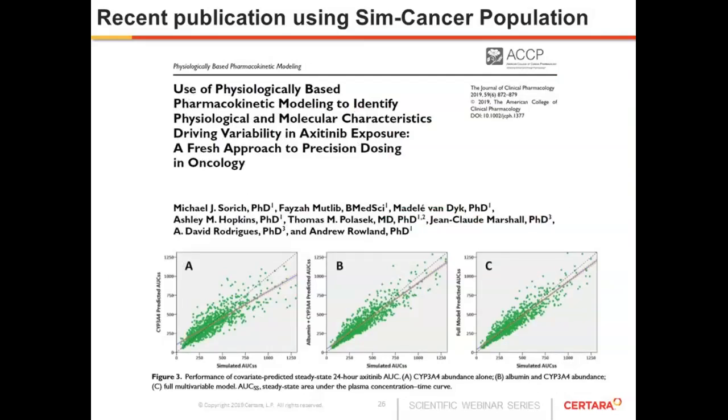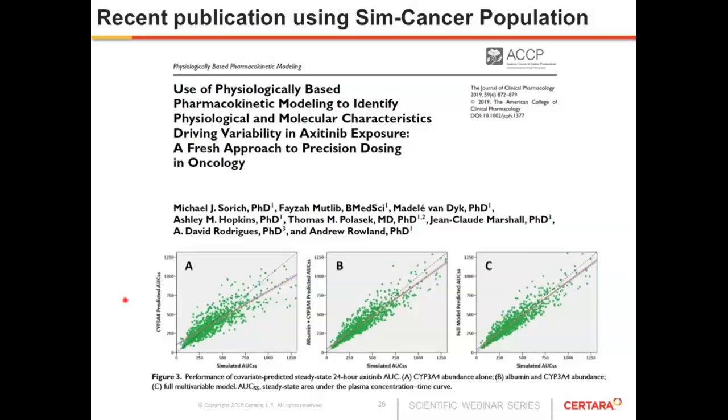Finally, I just wanted to bring in an example and a shout out to another colleague of ours at Certara, Tom Polasek, who's working in the field of precision dosing. Essentially what this paper looked at, some of the group at Flinders, is using the Simcyp Oncology population to look at the sensitive parameters in terms of describing different covariates.